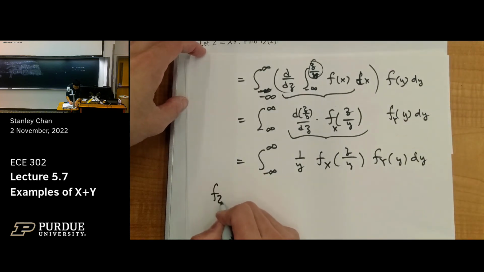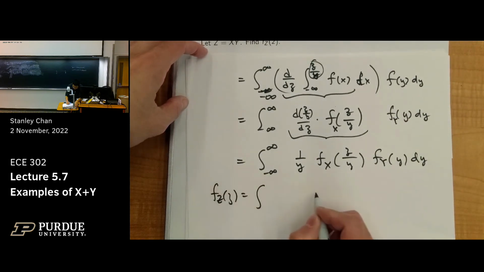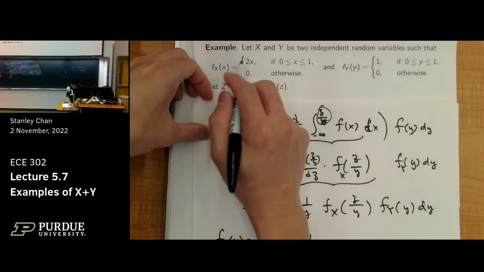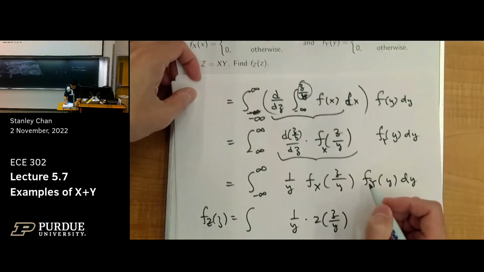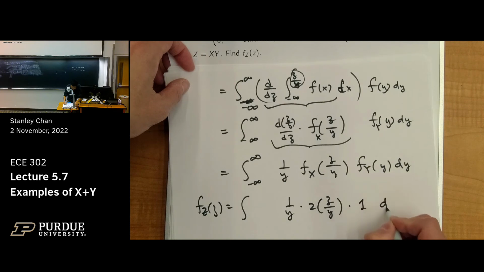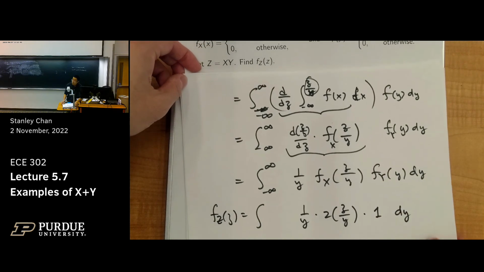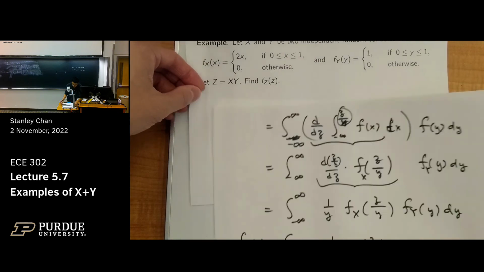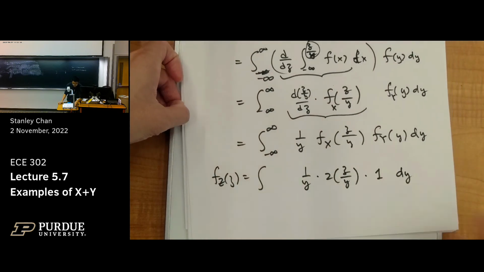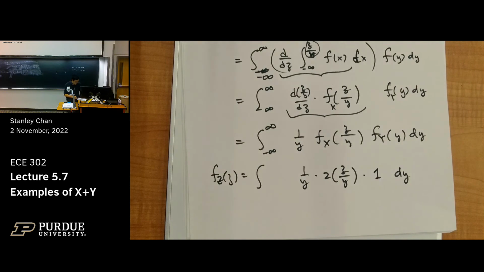Okay, so fZ of z is that integral, 1 over y, and then fX is 2x. So I have 2 times z divided by y. fY is 1, and dy. Great, so I just plug in the result over here. Now I need to plug in the range. So that would be the moment that we need to worry about the range.